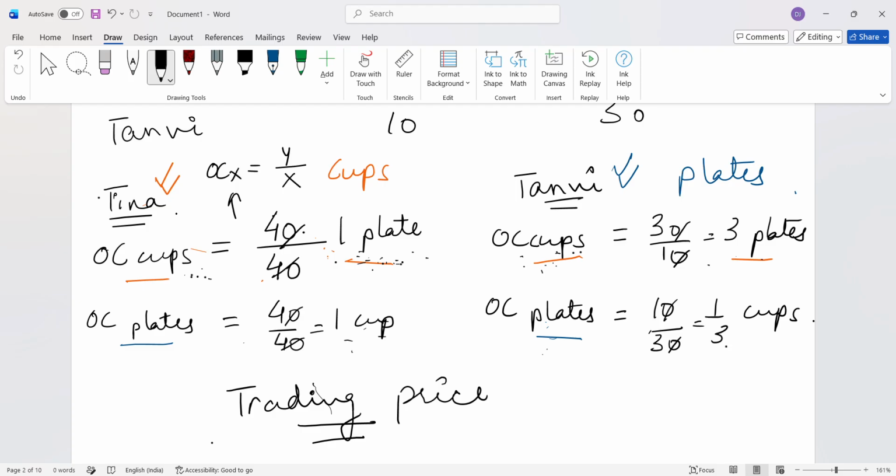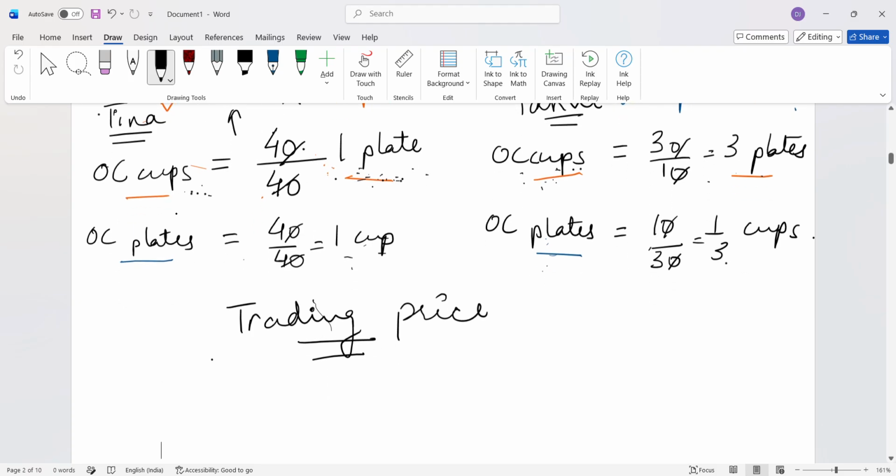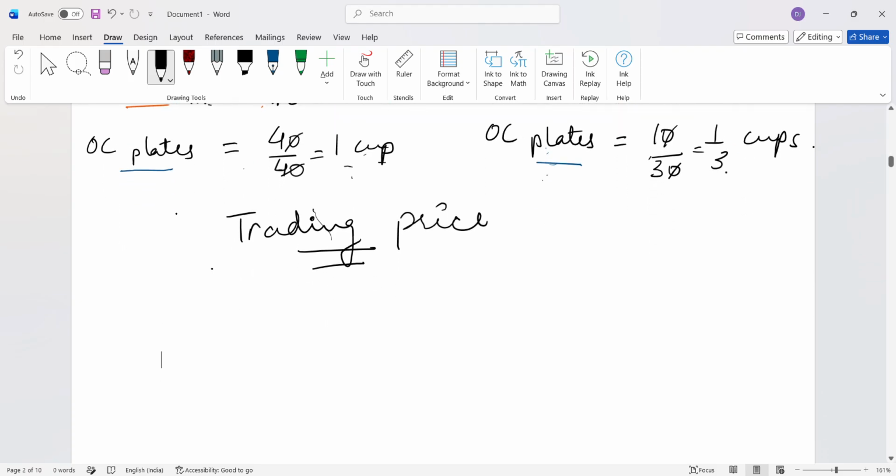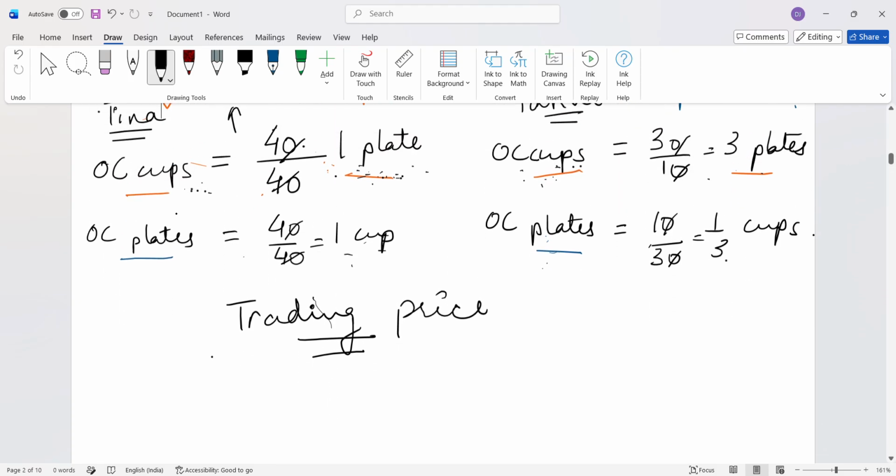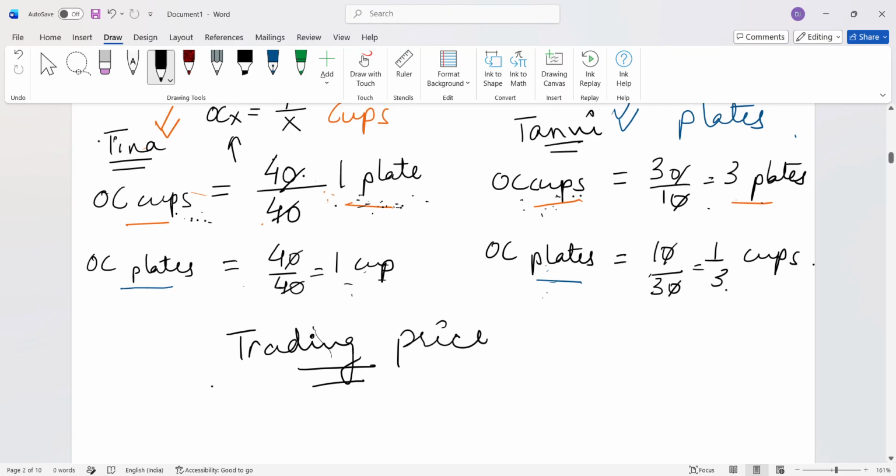Since the trading price should lie between 1 plate and 3 plates, I'll take my trading price as 1 cup equals 2 plates. All right, let me write this so that you understand. So my trading price is 1 cup equals 2 plates.